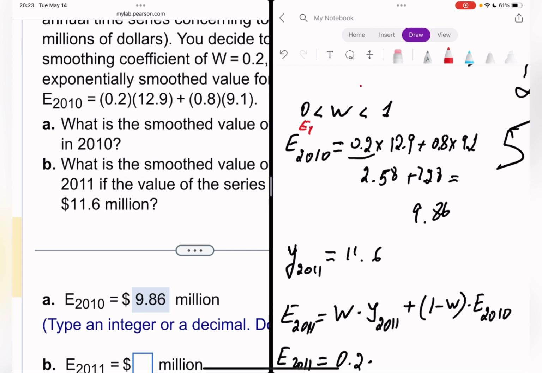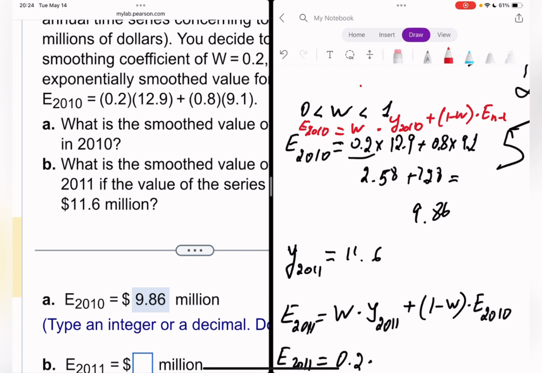Let me put it this way: E 2010 is equal to W times the first year, 2010, and then plus 1 minus W times the previous year, E, whatever N is given, minus 1.